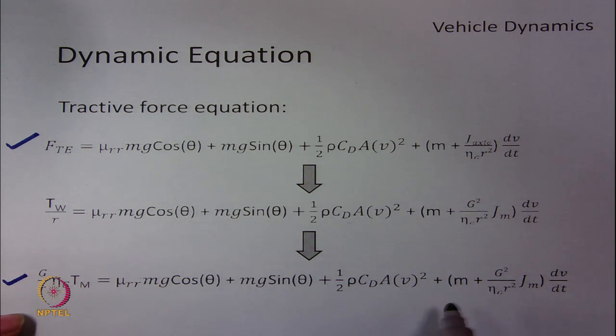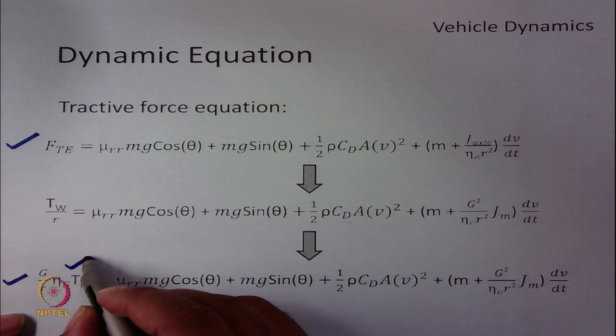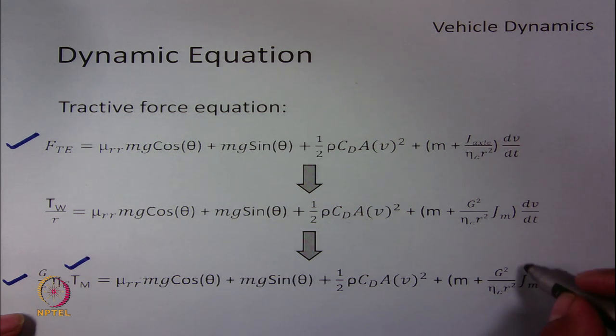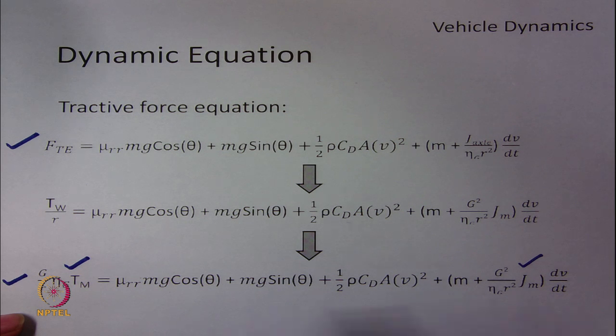Now this equation is in terms of motor torque and inertia of the motor, and we are still keeping the vehicle velocity. Using this equation we can find the amount of torque that is required to be delivered from the motor if we want to operate the vehicle at a velocity v with all these resistive forces in place.